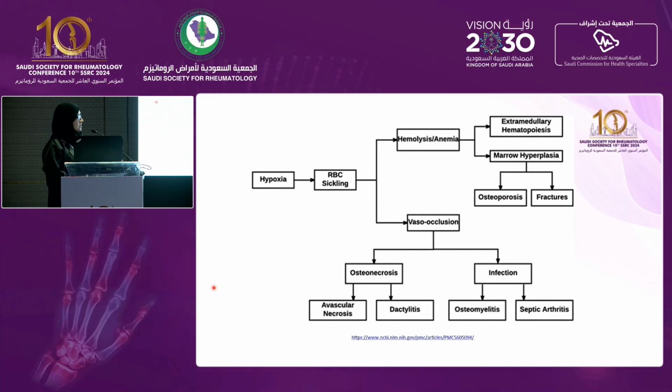Hypoxia will also lead to osteonecrosis of two important joints, especially the hip joint and the shoulder. This will lead to avascular necrosis and dactylitis. Infection can also present in the bone, causing osteomyelitis and septic arthritis.